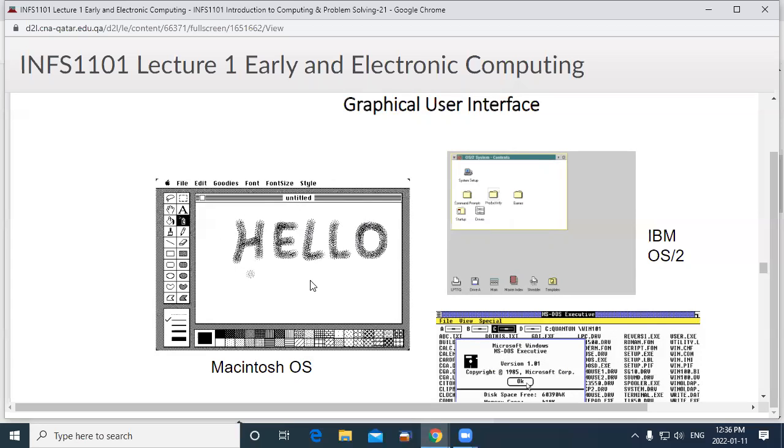The idea being that we could draw things and do things in a more intuitive way. Intuitive means that you could look at it and, without having specific instructions, probably figure out how to do it. That was Steve Jobs' idea: let's make computing intuitive, so that kids can just sit down and say, I can do this, I can click this, I can click that.